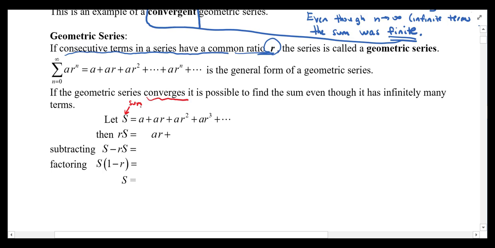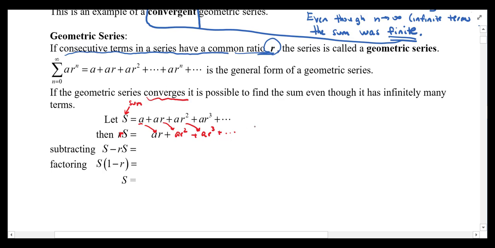I'm assuming that this series converges, so I do have an assumption here that this does converge. If I were to multiply that series by r, you see I'm taking every one of these terms and multiplying by r, so a becomes ar, becomes ar squared, becomes ar cubed, and so on.